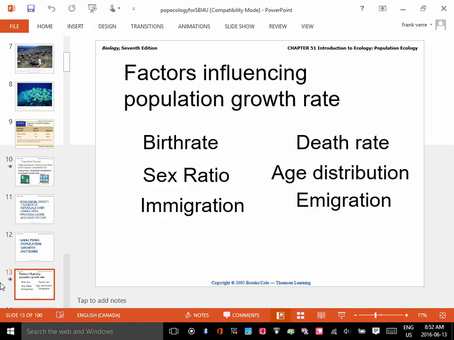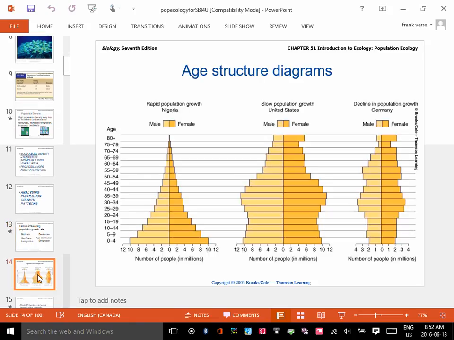But there are 2 other terms up here that may be a little harder to understand, like age distribution. What does age distribution have to do with a population and its ability to grow? So we have 3 population pyramids. Have you guys ever seen these in social science? No? You might have in other courses.